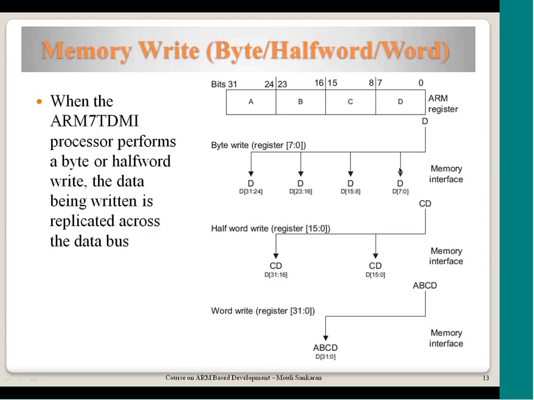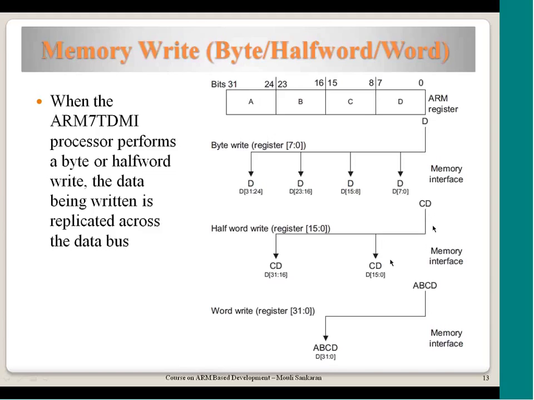You may wonder why that single byte is copied onto all four. This is just a provision given for the memory to use any one of them based on its convenience. Actually only one byte is getting transferred, but instead of leaving the other data bus pins empty, they are driven by the same data, so that the memory could read any one of these bytes to copy into its location.